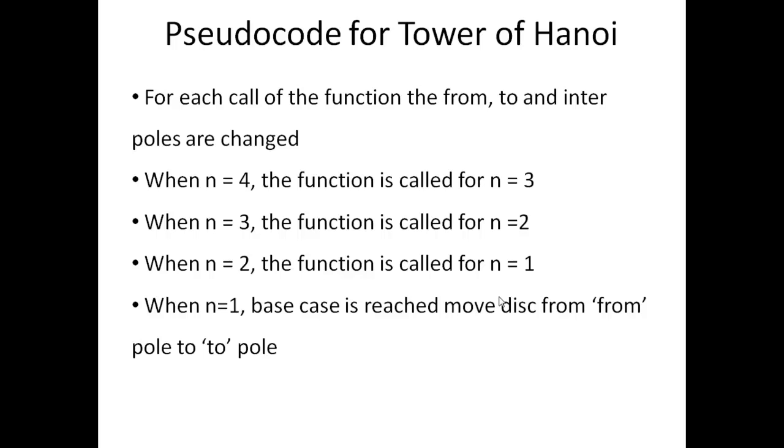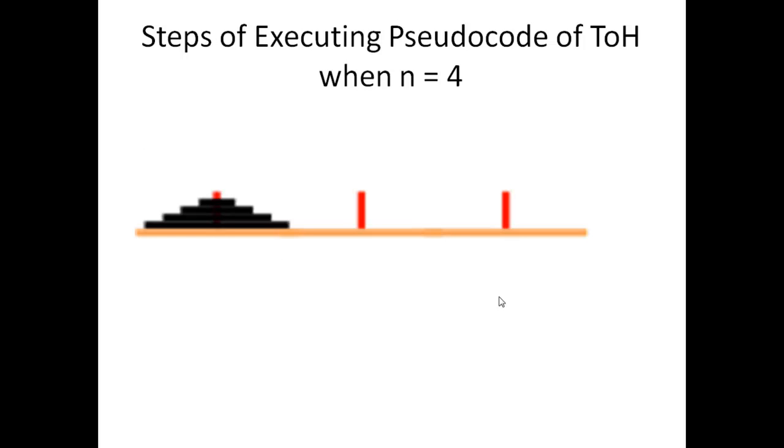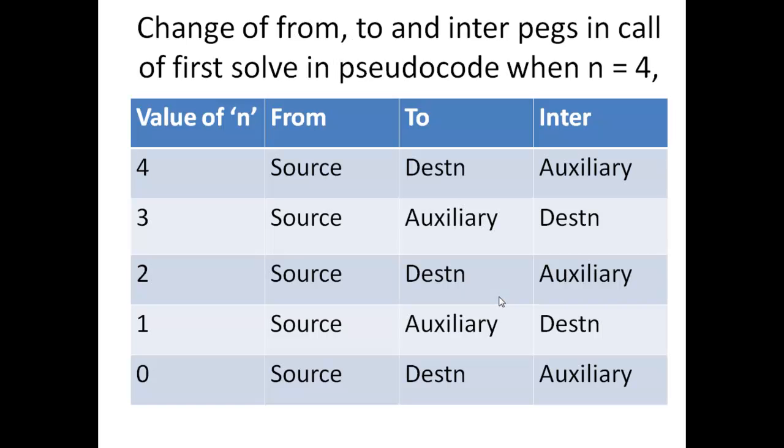When n is equal to 1, the base case is reached, and we move the disk from the from pole to the to pole. The steps for executing the pseudocode of Tower of Hanoi when n is equal to 4 will be discussed in the coming slides.